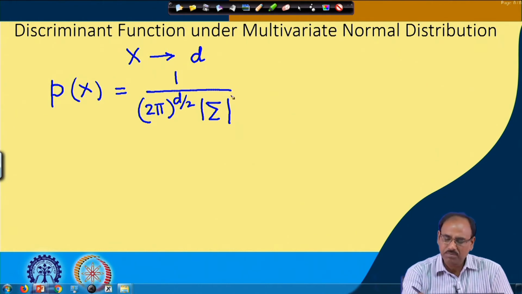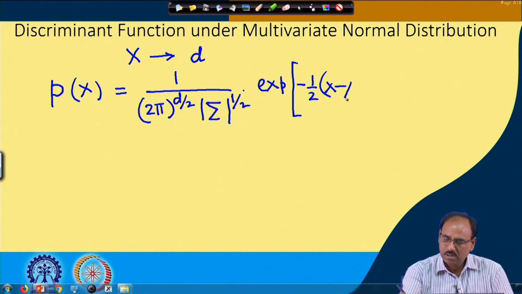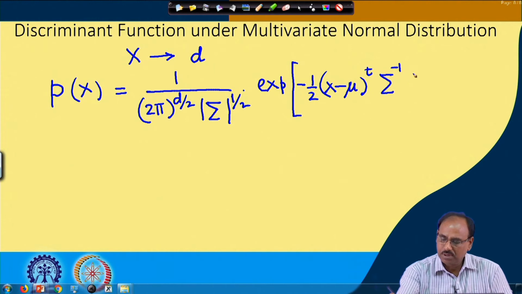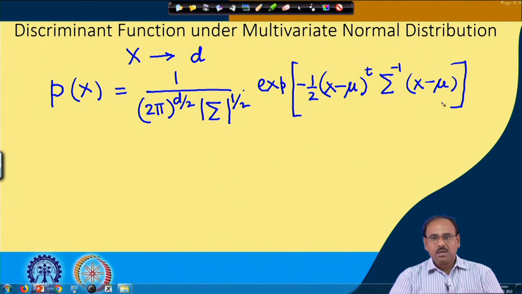You take the determinant of that and the square root of the determinant, into exponential minus half (x minus mu) transpose sigma inverse into (x minus mu). That is the form of the normal distribution in case of multivariates or in case of vectors.